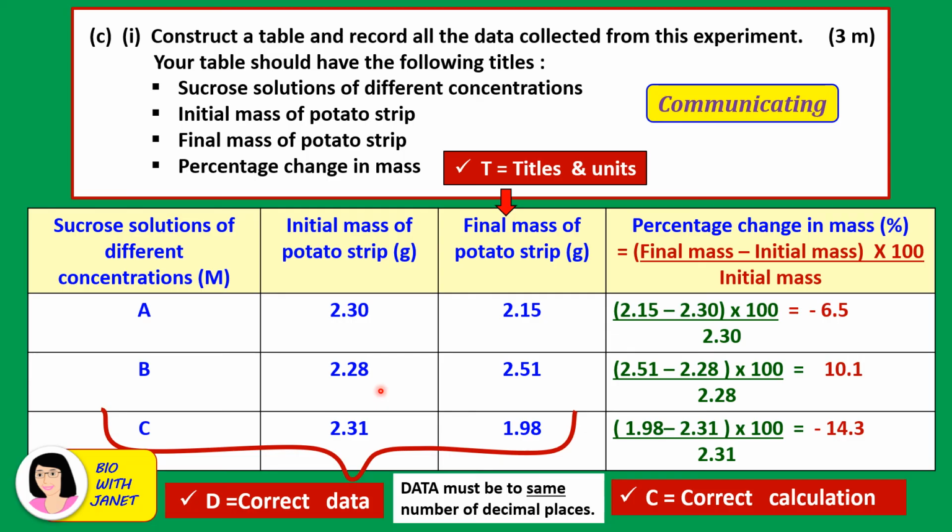So it's not consistent, and you will get the recording of data wrong, and you will lose a mark here. Similarly for the final results, 6.5 is to 1 decimal place, so all the answers here are to 1 decimal place. Be consistent and write down the values, readings or answers to the same decimal places for each column here.